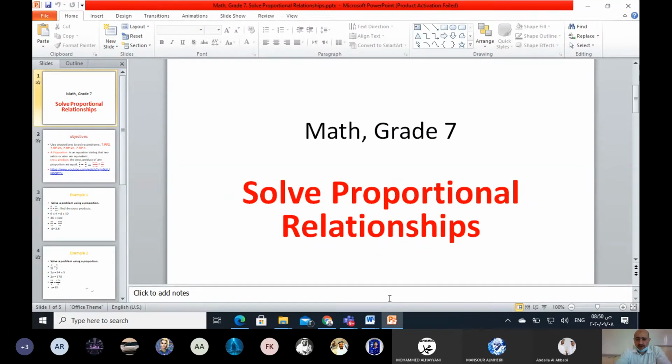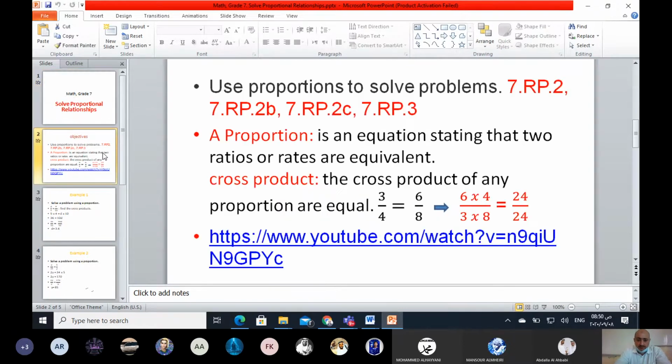Math grade 7. Today we want to learn to solve proportional relationships. How to use proportions to solve problems. So in this lesson today we want to use proportions to solve problems.